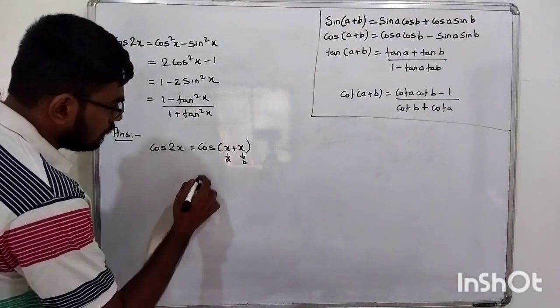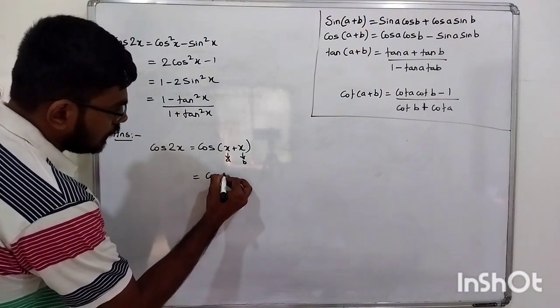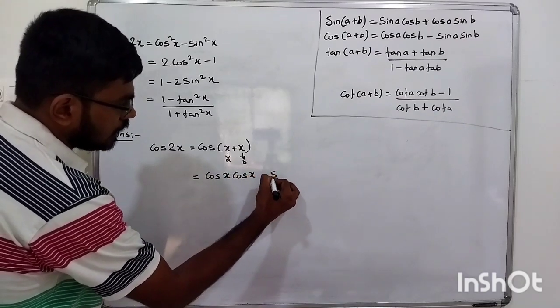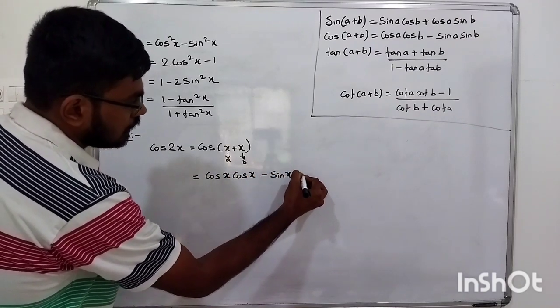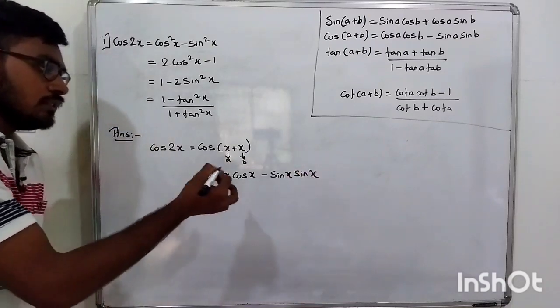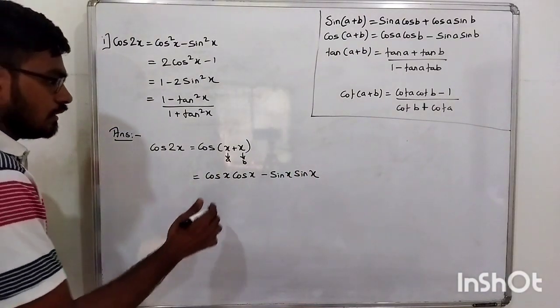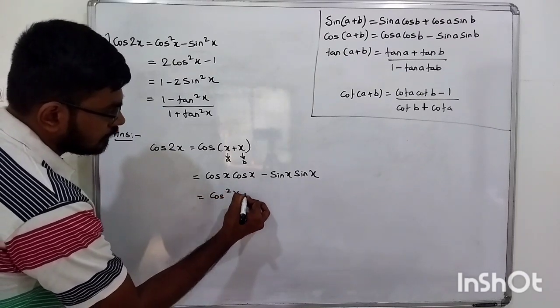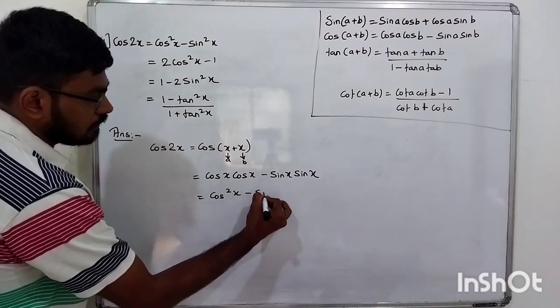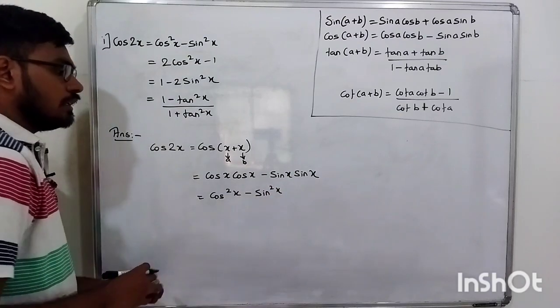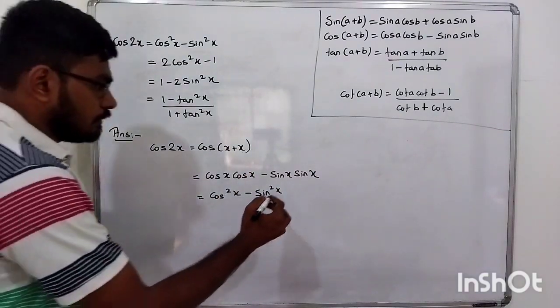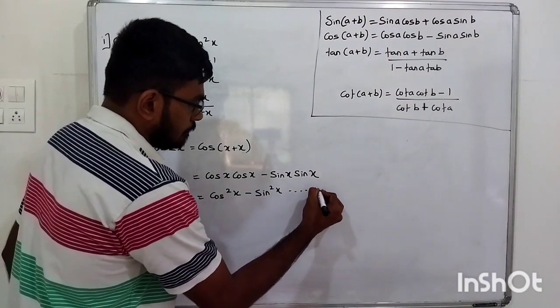So here the formula will be cos a, in place of a I am writing x, cos b, again x, minus sin a sin b. Cos x cos x is cos square x, and sin x sin x is sin square x. We get the formula cos square x minus sin square x. This is the first formula that we have derived.